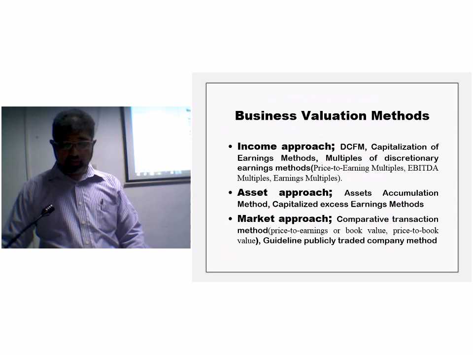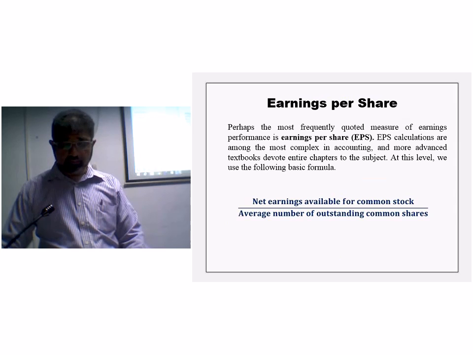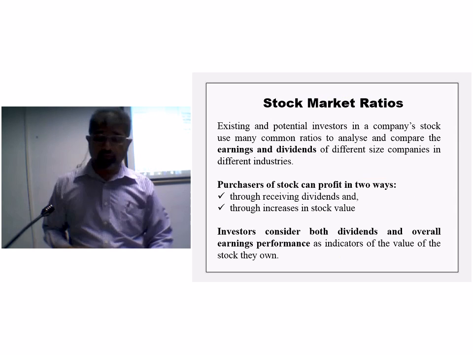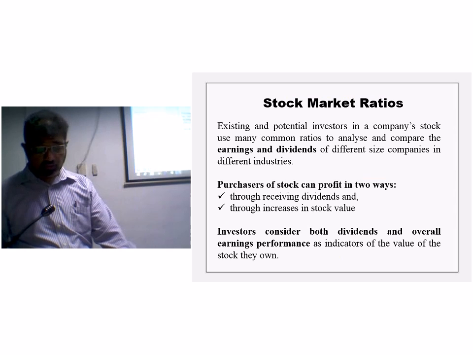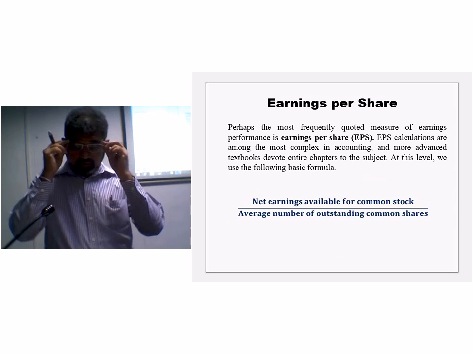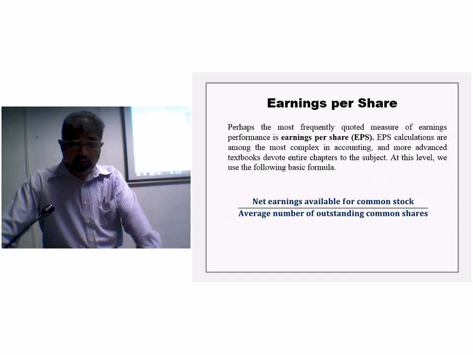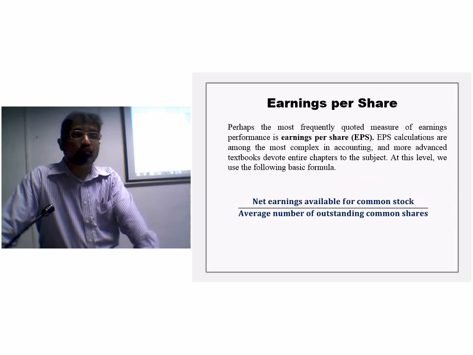Then you can see those approaches, I am not going to discuss them, but I need to discuss this type of ratios. What are the important ratios to make decisions in the stock market? First one is earning per share. If you see each and every annual report, we can see the earning per share, right?